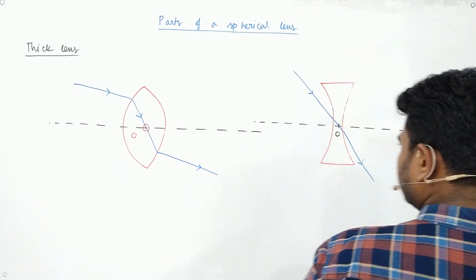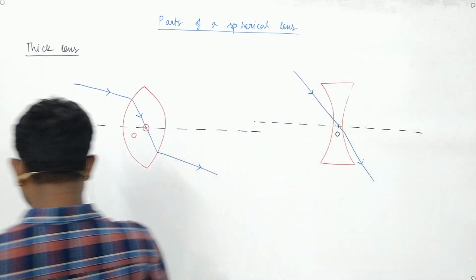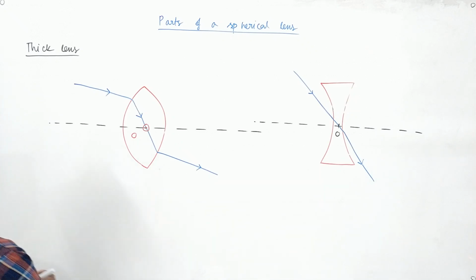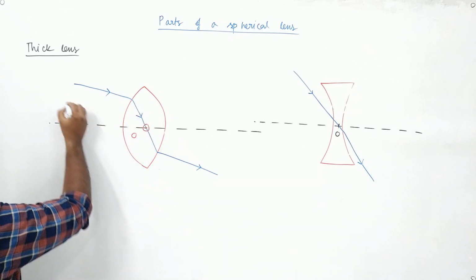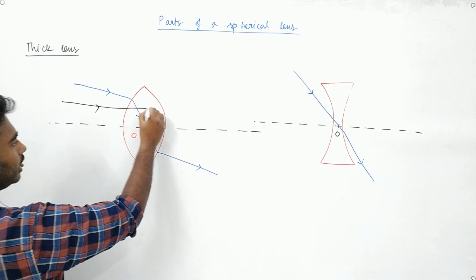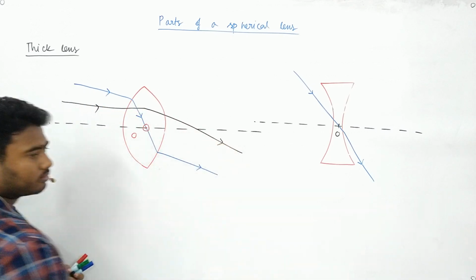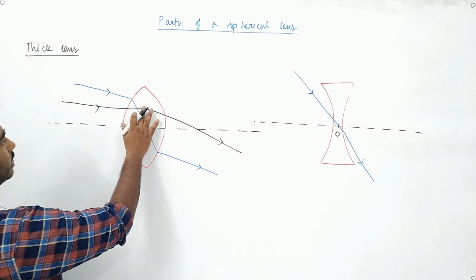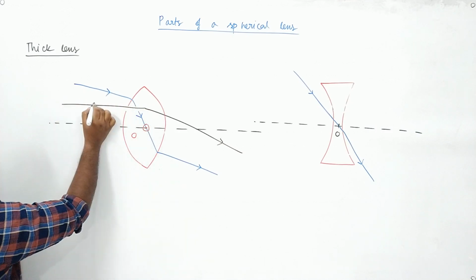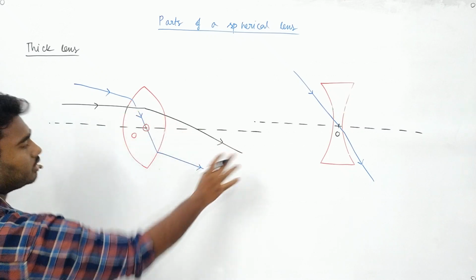Why will it happen? See, if I send a ray in this direction, understand it properly. If I send a ray parallel to the principal axis, then it will go in this direction.